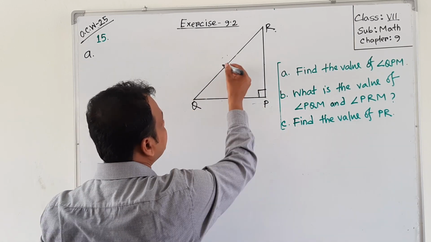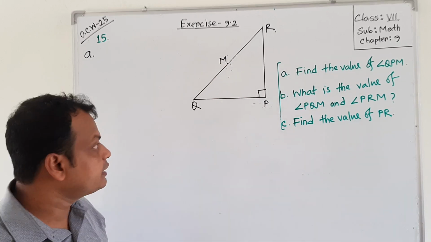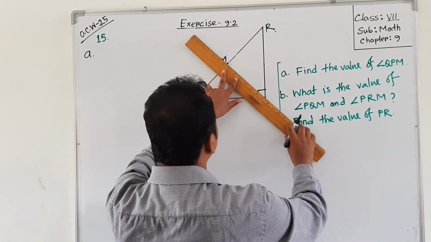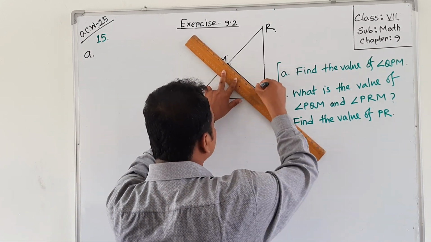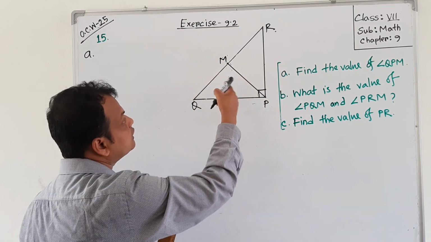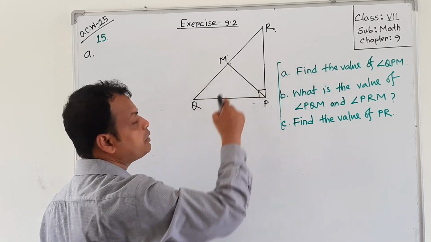The name of the point will be M. Then we will join P and M. So after joining PM, we have got perpendicular PM on QR.